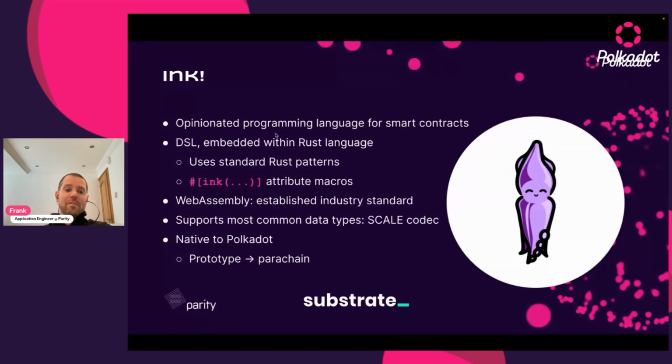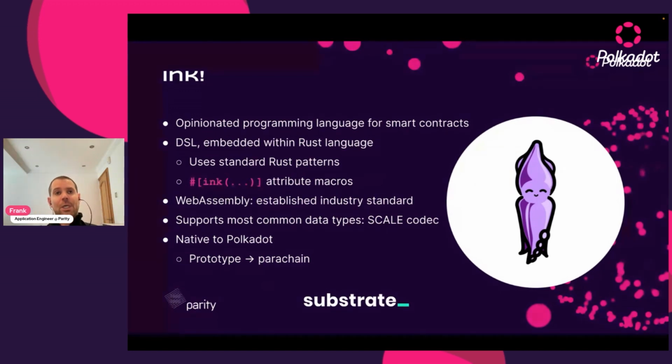As we mentioned before, Ink is very much focused towards WebAssembly, as is most of the Substrate and Polkadot stack for our runtimes. The reason for that is that WebAssembly is a very established industry standard, and it gives us great portability and huge advantages.